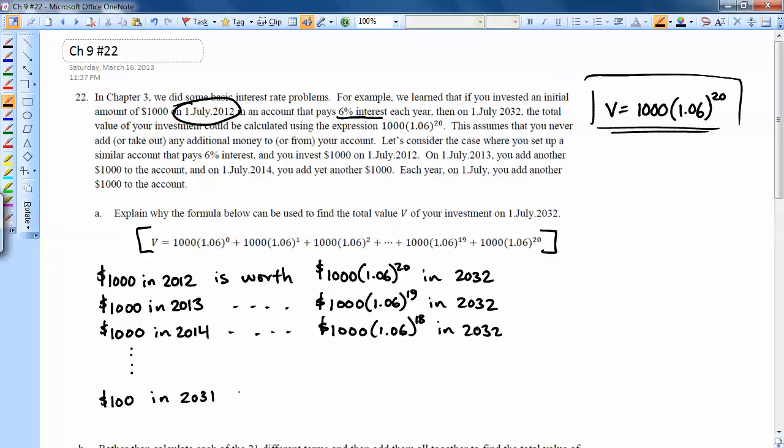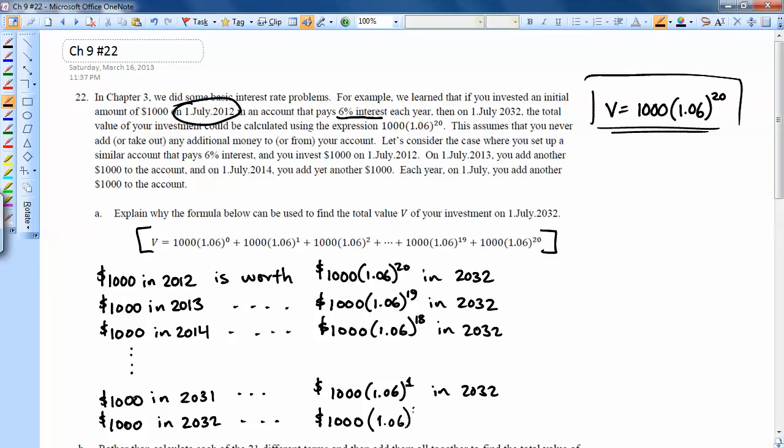And that one only gets 1 year to accumulate interest, so it's to the first in 2032. And then in 2032, that's the final year, you add in $1,000, but it has no years of interest to accumulate. So it's really 1,000 by itself, or you could think of it as 1,000 times 1.06 to the 0, which is really the same thing anyway.